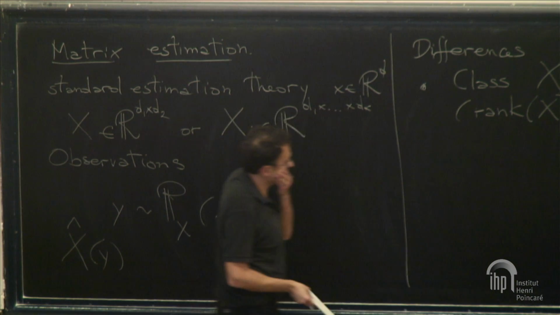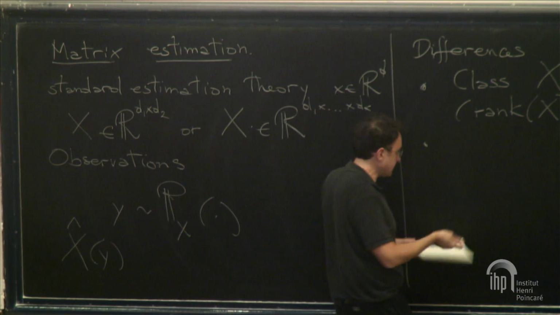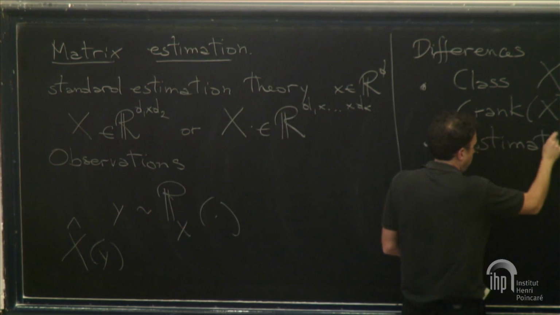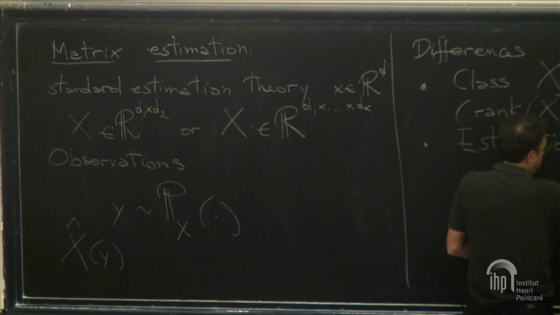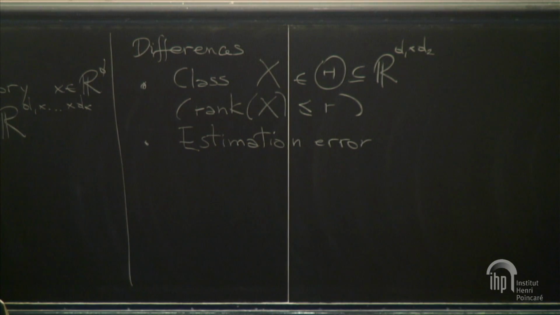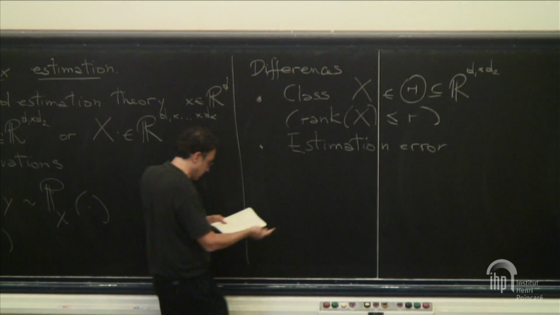And second is that the estimation error exploits in a crucial way the fact that this has a metric structure.